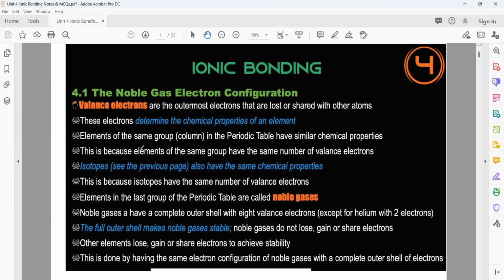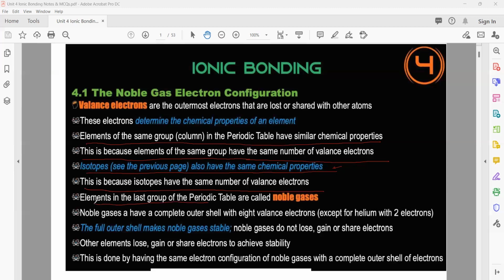Okay. Now, they're saying that elements of the same group in the periodic table have similar chemical properties. Why? Because elements in the same group have the same number of valence electrons. Isotopes also have the same chemical properties, as we discussed in the previous lesson, because isotopes have the same number of valence electrons.